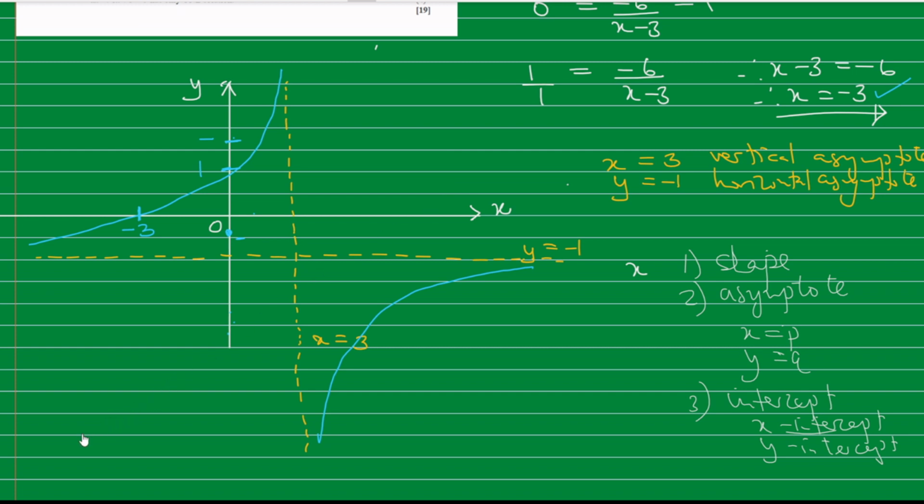So actually there are 2 lines of symmetry. There's one that passes through the intersection of the asymptotes, so it goes like that. And there's another equation that goes like that. So those are the other parts of the hyperbola.